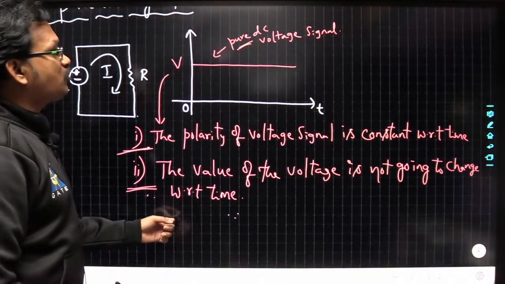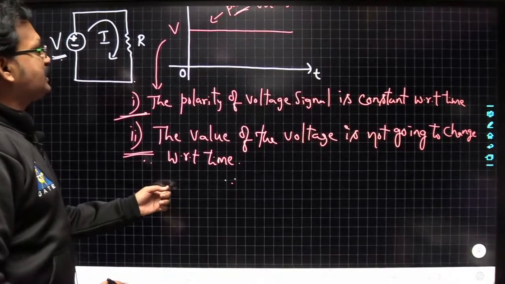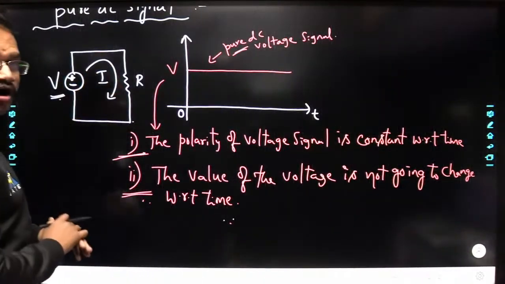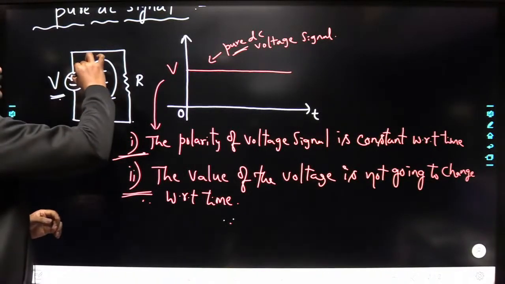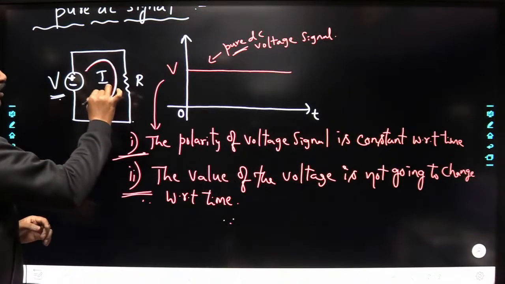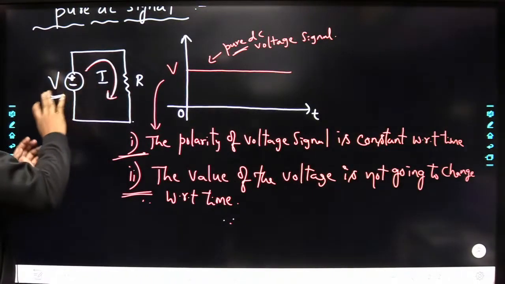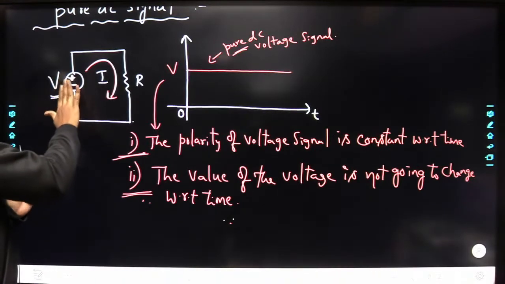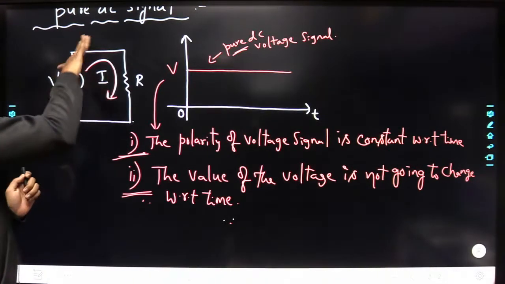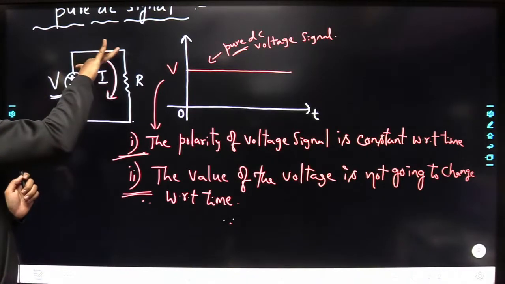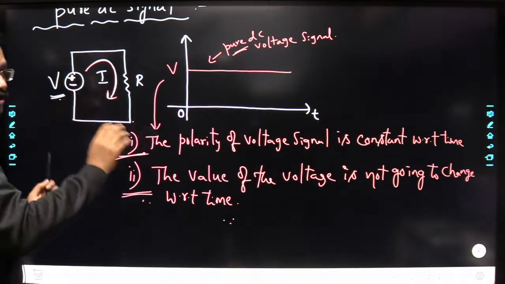So what do you mean by pure DC current signal here? See, for all the time, if you observe, the current is going to flow only in clockwise direction, or not? Yes or no? That means the source is going to pump the charge carriers in the circuit, and those positive charge carriers are going to flow in clockwise direction for all time.